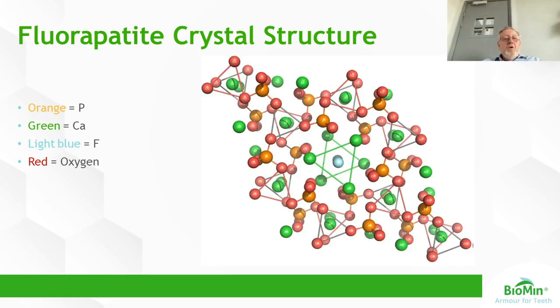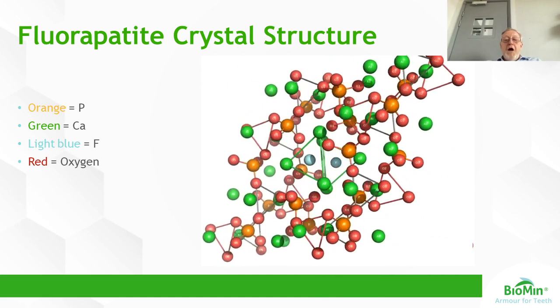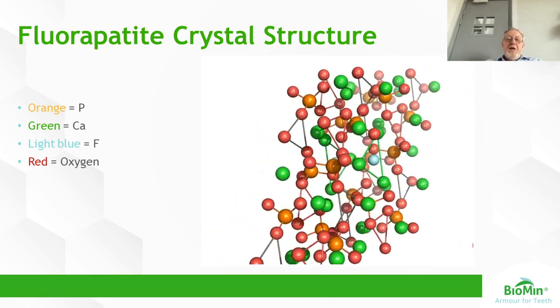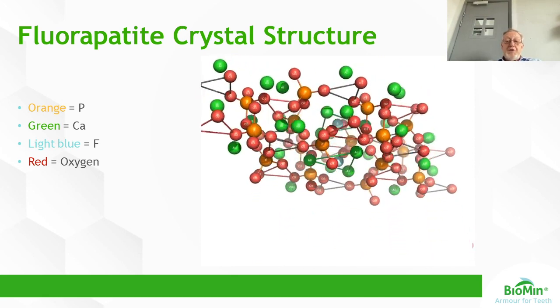Thank you. So how is fluoride actually incorporated into the hydroxyapatite? If you look at the slide I'm showing now, which is the fluorapatite crystal structure, the blue sphere at the center, I'm going to show the video, is the fluoride ion, and it sits in a triangle of green spheres, which are the calcium ions.